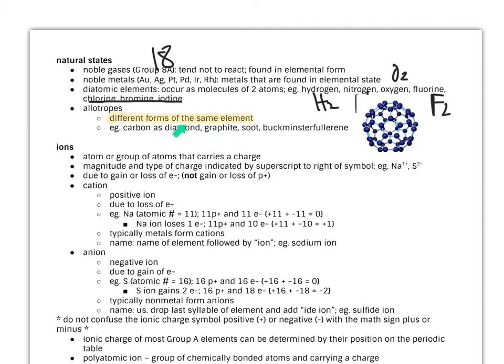So if both of these are carbon, why is one so expensive and the other we use to write with? And same goes for soot. Soot is also carbon, like the black stuff that makes you dirty if you're cleaning out your fireplace. All those things are composed of carbon, but they have very different properties, right?